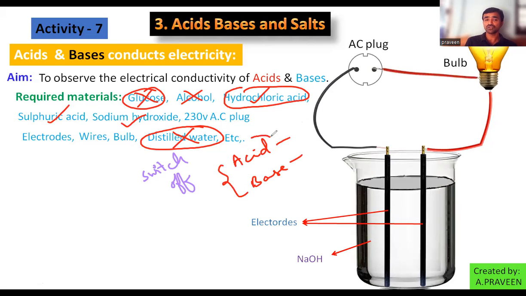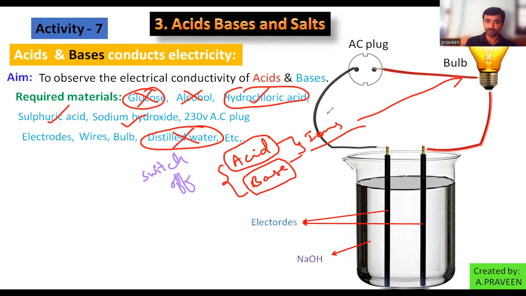Acids and bases are producing ions in the water. Ions are produced by them, so that is why you observe the glowing of the bulb here. What about alcohol and glucose?